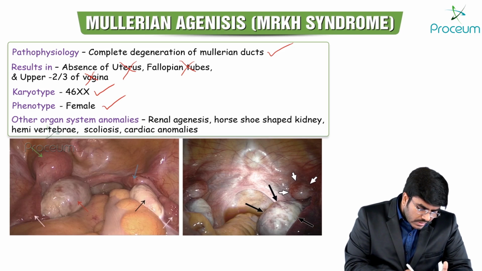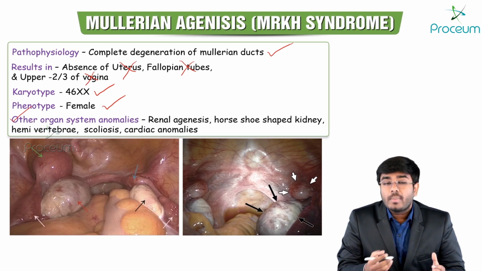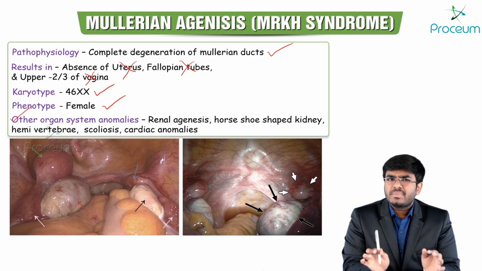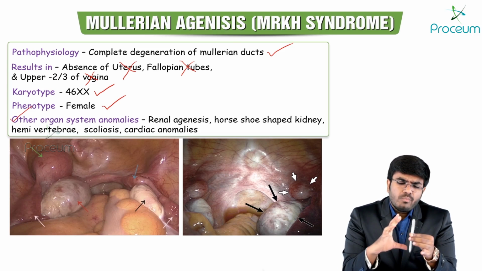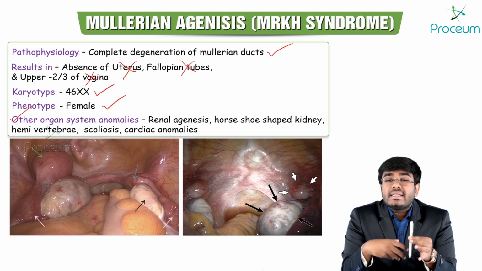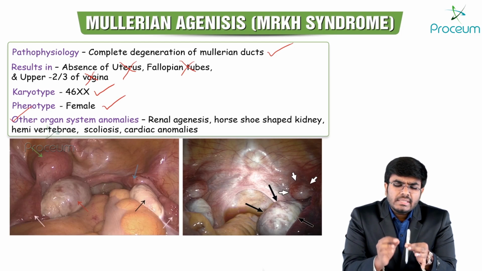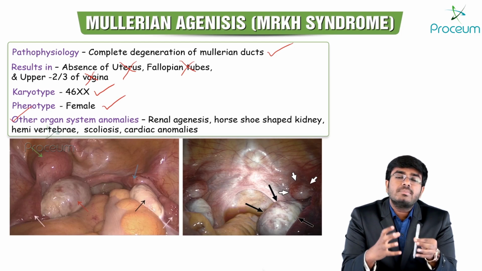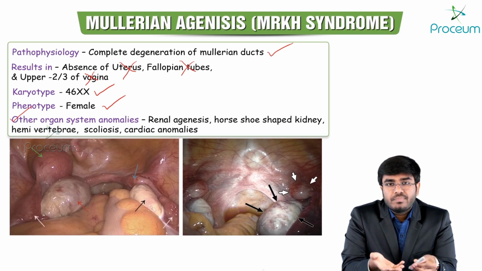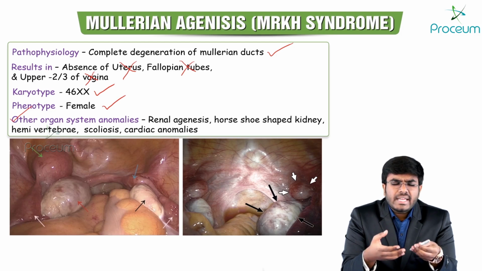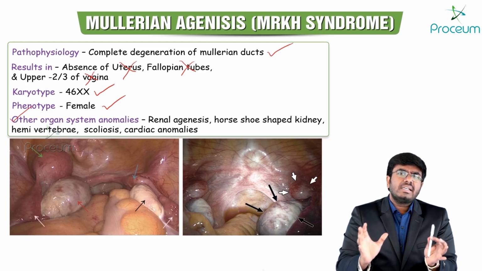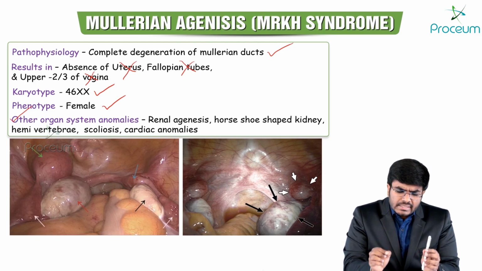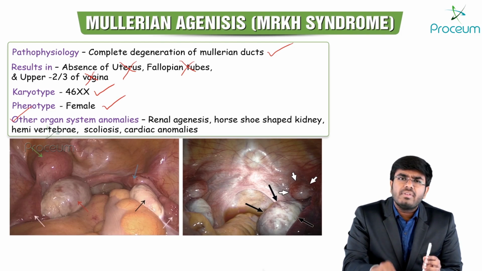Okay, now what about other organ system anomalies? Guys, please understand something like this. If Mullerian ducts are not developing, do you think that only the Mullerian ducts will not develop? The surrounding regions may also not develop properly. As I say every time, imagine that there is a bomb blast. Do you think that one specific area will be destroyed?